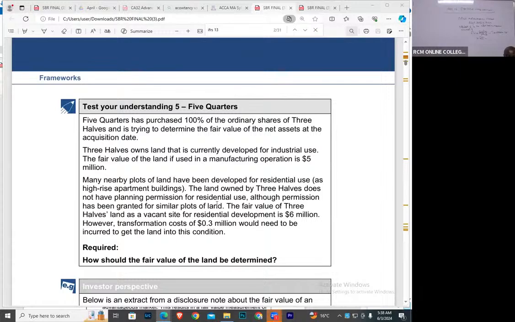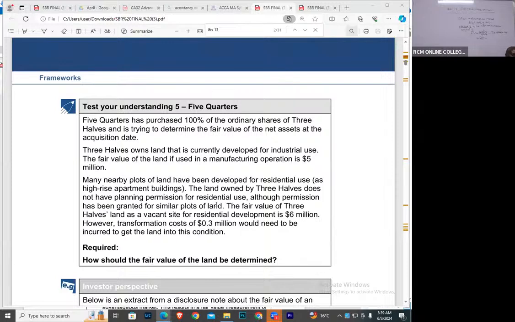Should we consider developing this into residential? You can see we shall be able to get 6 million there. But remember, there is a transformation cost of 0.3, so the net benefit will be 6 minus 0.3, which is 5.7. So you have to look at the best usage for this land.